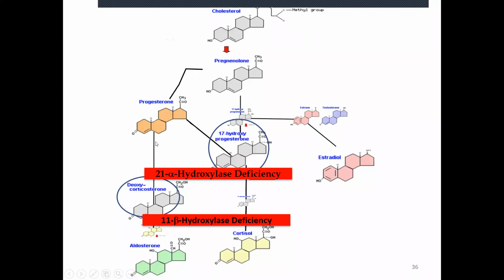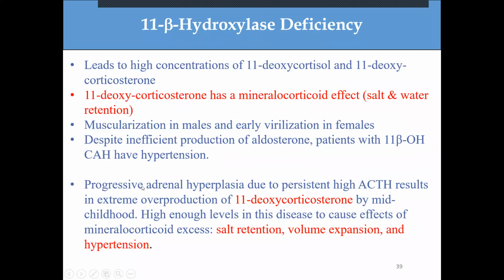And so you're going to get a lot of 11-deoxycorticosterone, which will cause hypertension, salt retention, and hypervolemia. And of course, the other thing is that you're going to get very muscular males and virilization, or masculinization, of females.